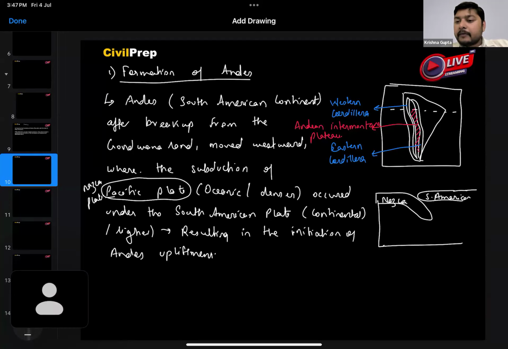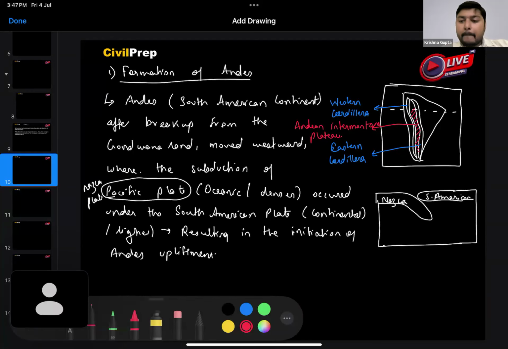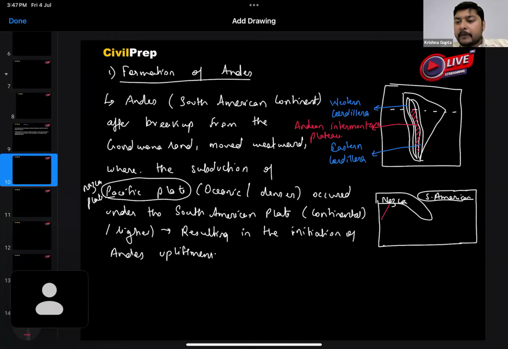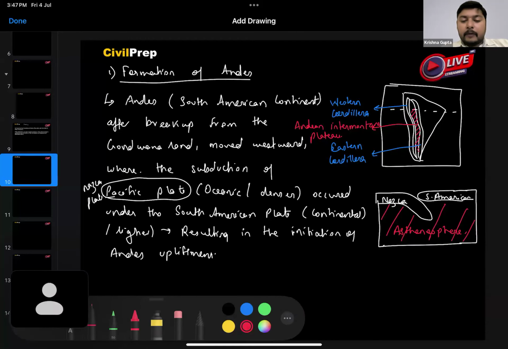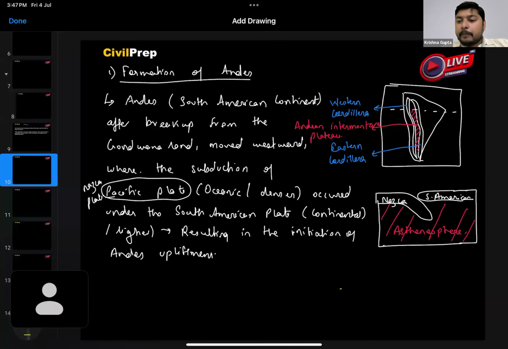This is the part of mantle. This complete region is asthenosphere. And here, mantle currents are flowing in a convergent manner.